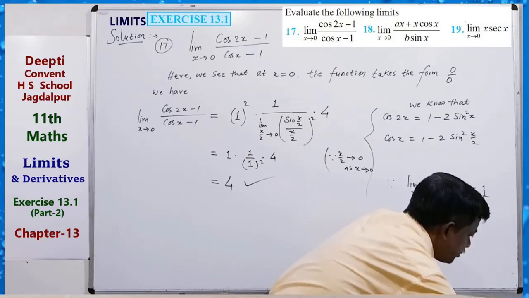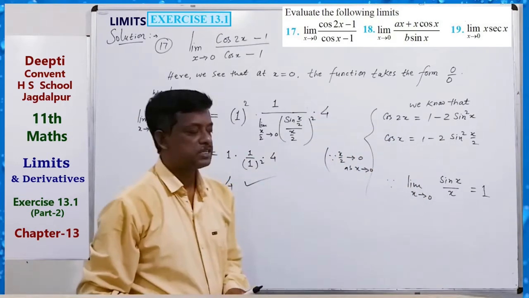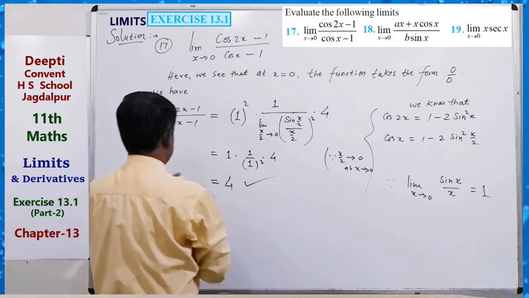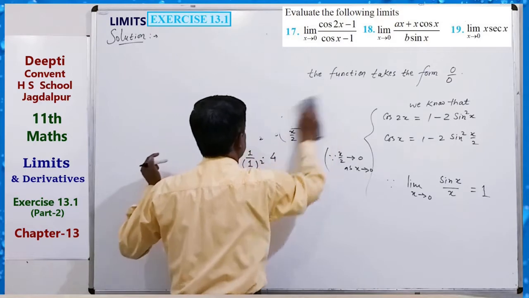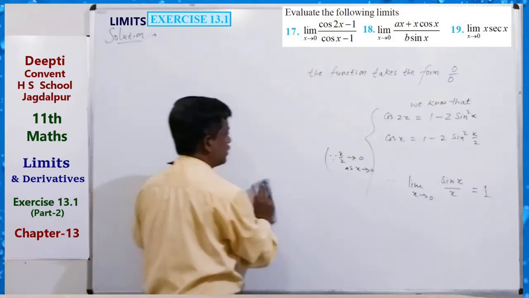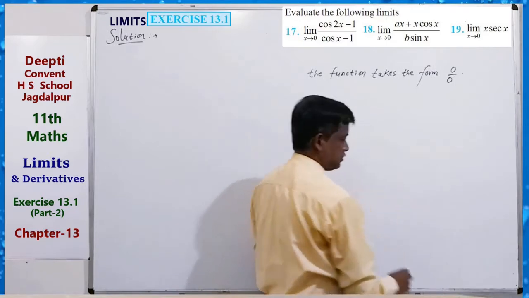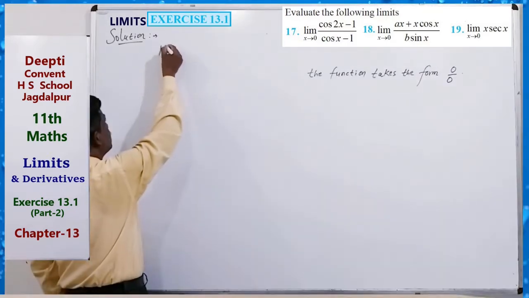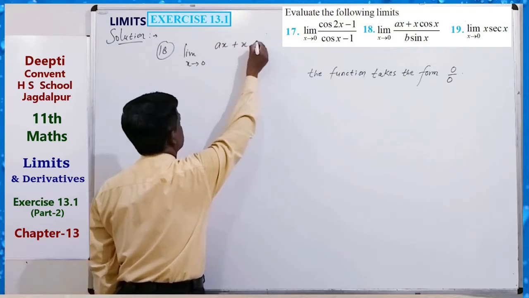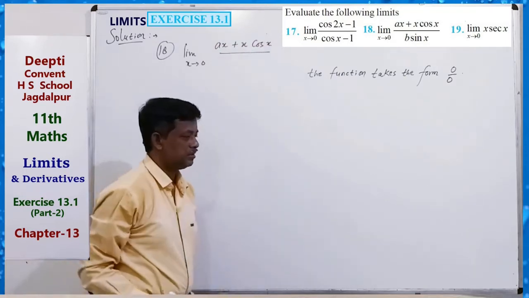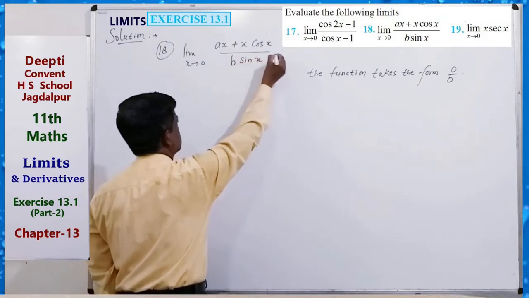Question 4, limit 4. Now question 18. Limit x tending to 0, ax plus x cos x upon b sin x.